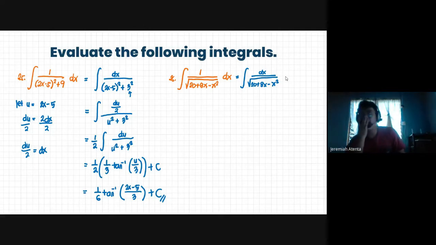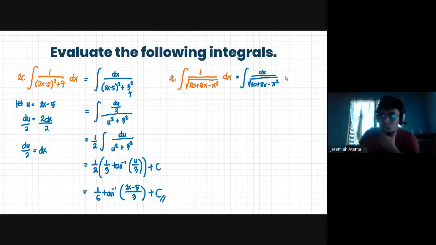Take note, we can only apply the first, second, third form if you have a squared and u squared. You should have two perfect squares, right? Now, in this case, we have 8x, right? So, we should do something so that makakakita tayo ng perfect square. Okay? And dito, papasok si completing the square.